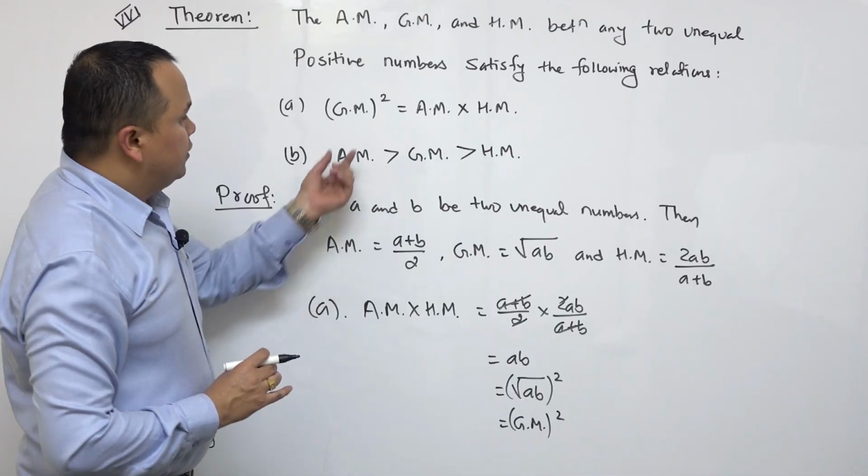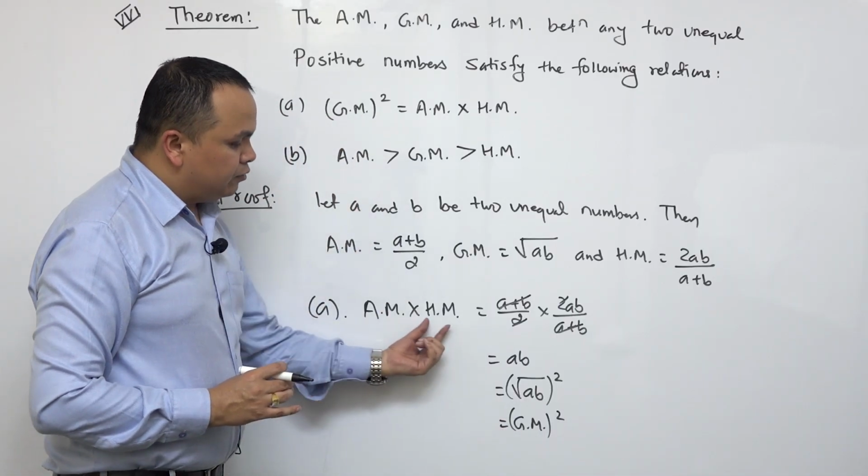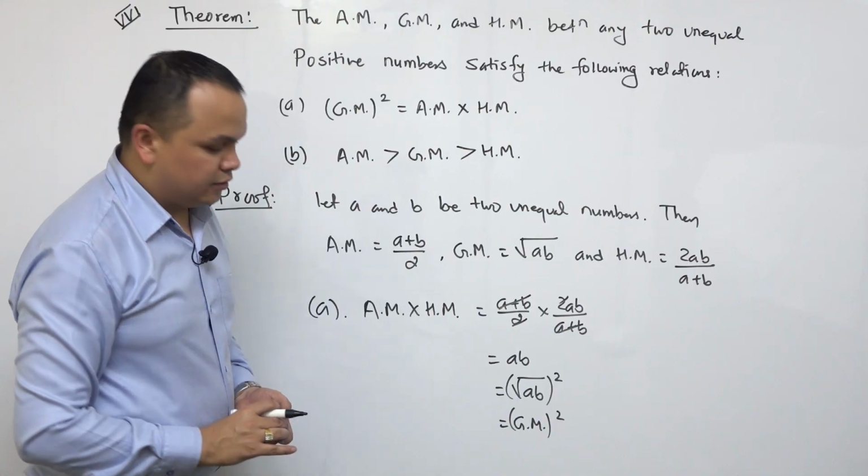So GM square is equal to AM into HM, hence proved.